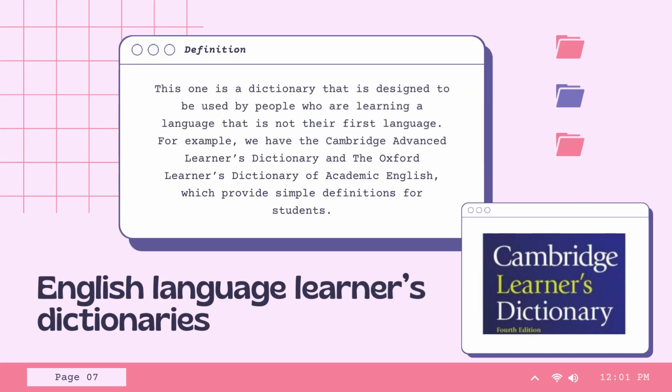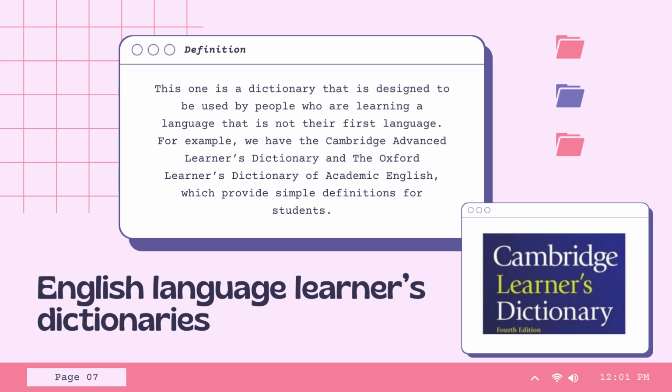Now let's continue with English language learners dictionaries. Don't get confused with the generic language dictionaries. This one is a dictionary that is designed to be used by people who are learning a language that is not their first language, in this case, English.